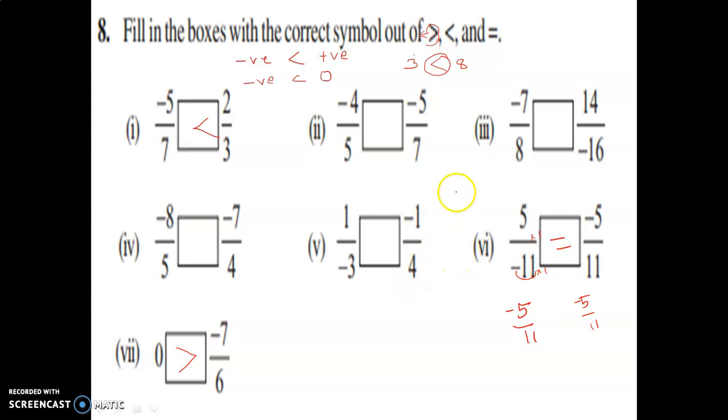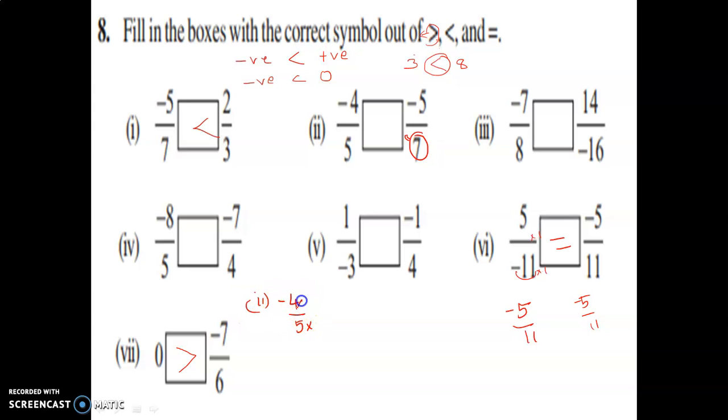Okay. Now the remaining 4 problems we have to find. How to do it in a simple way. As I have told you, locate the denominators and multiply with the other fraction, both in the numerator and denominator. Let me do the second sum. Minus 4 by 5.